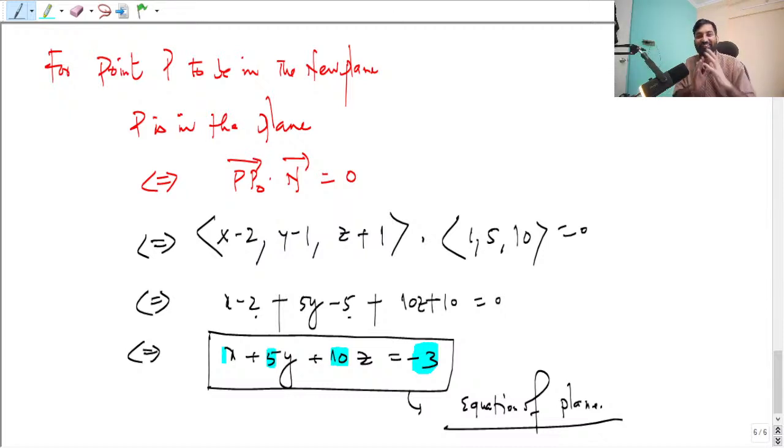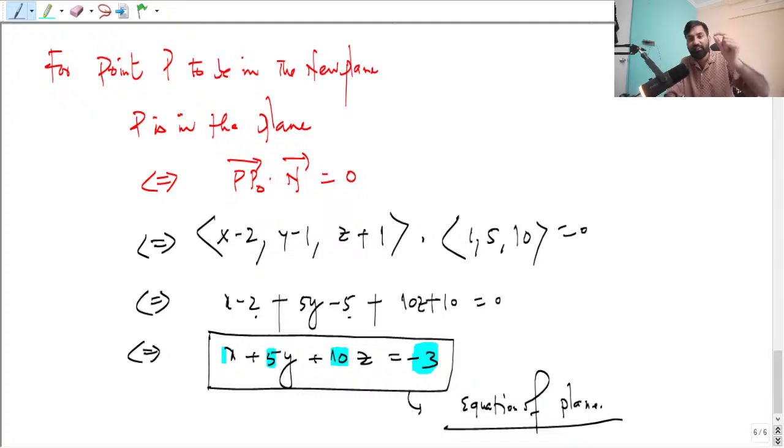You can notice this. This observation I wanted to make you realize. If the normal vector is there, you can directly write the equation of a plane. You don't have to do this many steps. I just wanted to make you feel that. That's why I did it. Whenever the normal vector is given, you can directly write the equation of a plane. How?